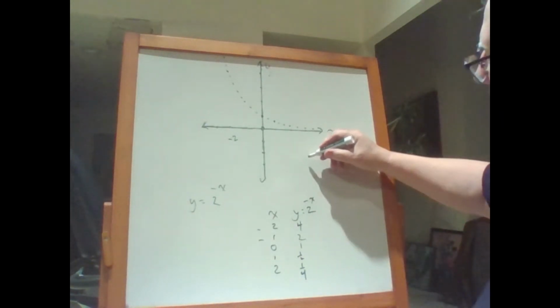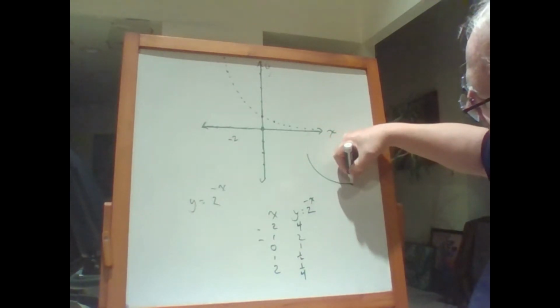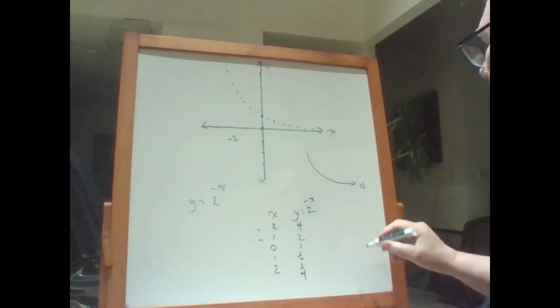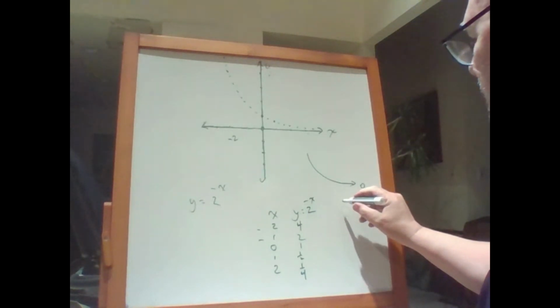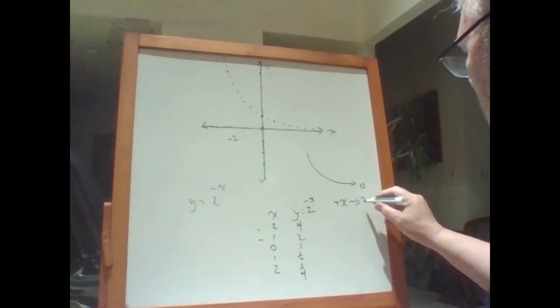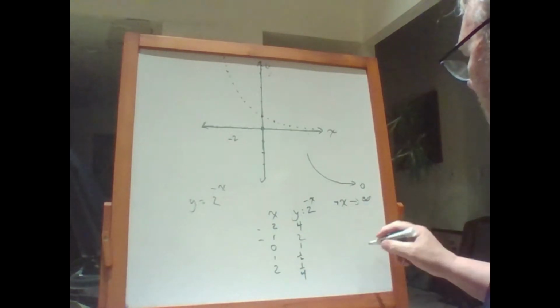So you end up with a curve like this. And it asymptotically goes to 0 as positive x goes to infinity. Oops, that's not a very good infinity sign.